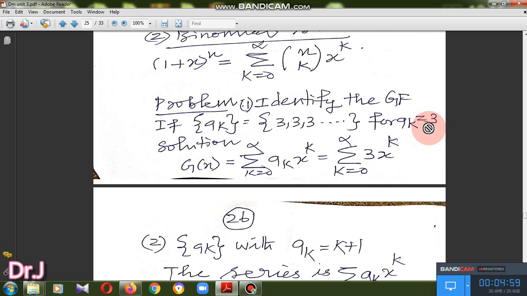Here it is constant; sometimes it is not a constant, and some other functions may be there. But in this case ak equals 3, that means 3, 3, 3. Therefore, ak we can replace by 3. So the summation of k from 0 to infinity of 3 x power k is the generating function of this particular sequence.